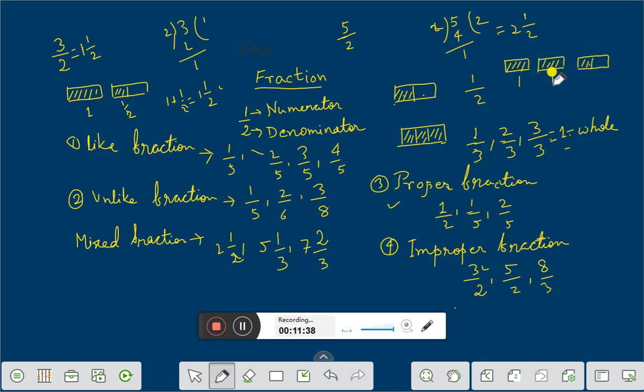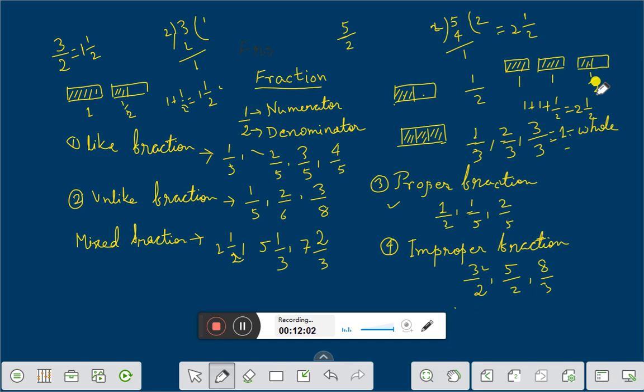This is 1, this is 1, and this is 1 by 2. Therefore, we are getting 1 plus 1 plus 1 by 2 plus 1 by 2, that is 2 whole 1 by 2. In this way, we can represent the improper fractions.